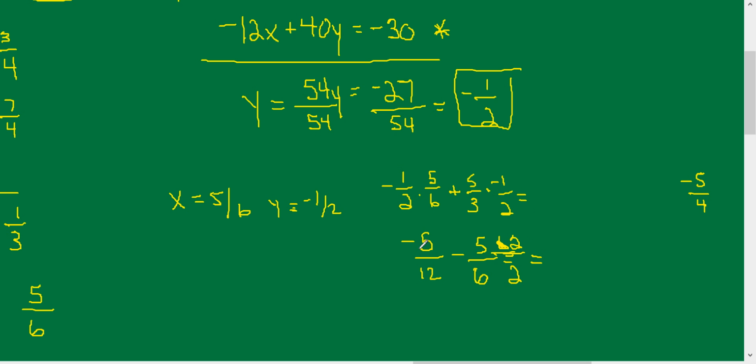So that would be negative 5 minus 10 is negative 15 over 12. Simplified, 3 goes into negative 15 negative 5 times, and 3 goes into 12 4 times. So we just verified, validated our answer for that one. Tough problem there.